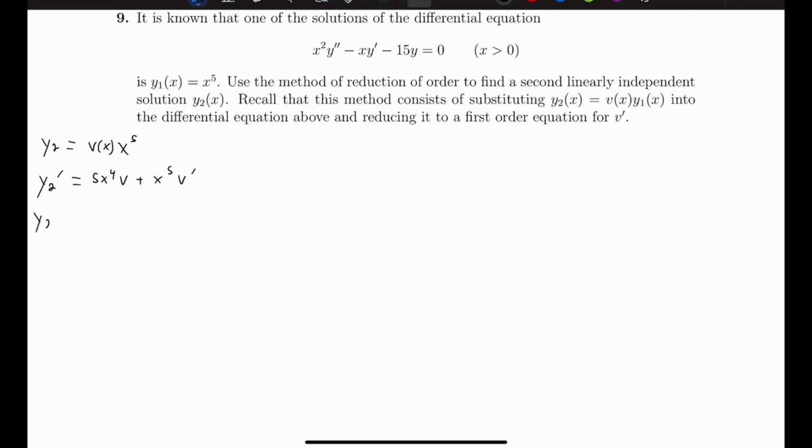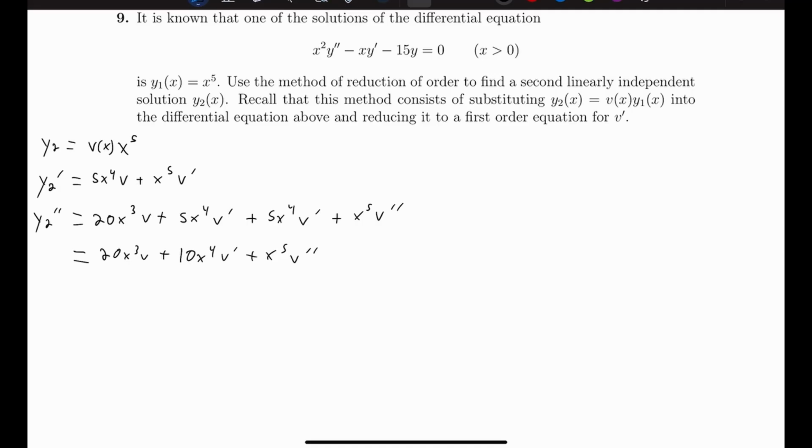And our second derivative is going to be 20x cubed v plus 5x to the 4th v prime plus 5x to the 4th v prime plus x to the 5th v double prime. We can combine some like terms here and get 20x cubed v plus 10x to the 4th v prime plus x to the 5th v double prime.